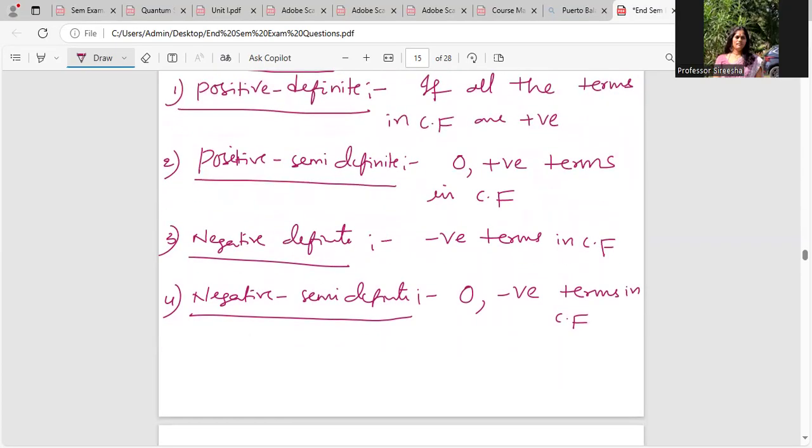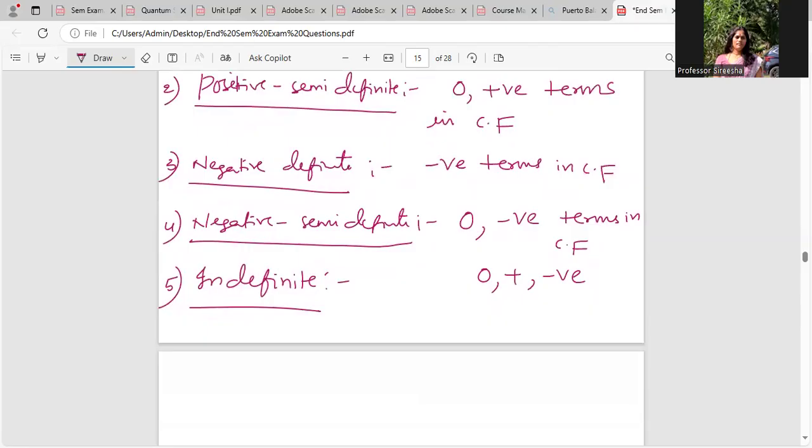You can ask me, what if none of these are followed? I mean, randomly, there is a zero eigenvalue, there's a positive eigenvalue, also there's a negative eigenvalue, kind of things. Then it would be called indefinite. What is indefinite? All are not positive, all are not negative.